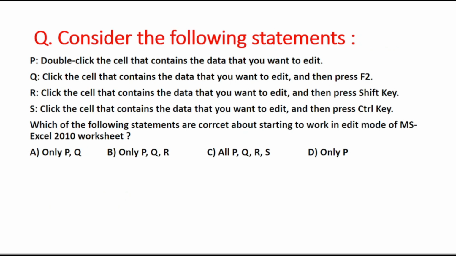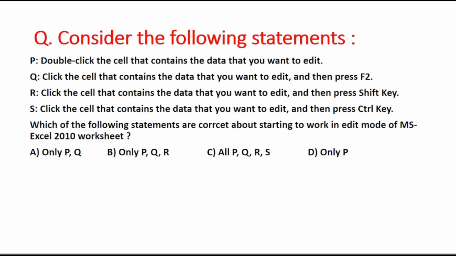Next is, consider the following statements. Here are the 4 statements. First, P statement is, double click the cell that contains the data that you want to edit. Q statement is, click the cell that contains the data that you want to edit and then press F2. And R statement is, click the cell that contains the data that you want to edit and then press Shift key.